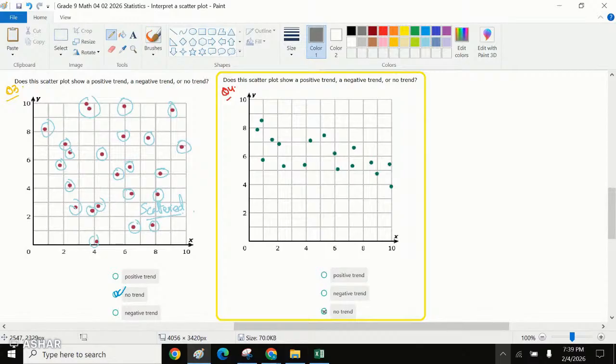Now we have a 50-50% chance. But when we had 3 options, it was 33% chance, right? So always try to remove the options which are impossible or they seem vague. So now we have a positive trend or a negative trend.